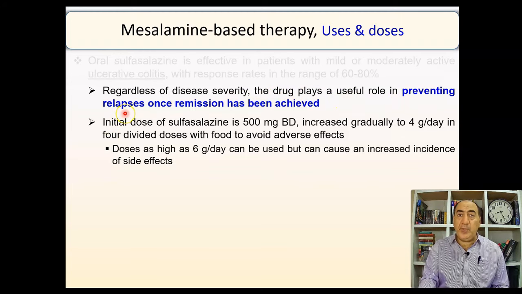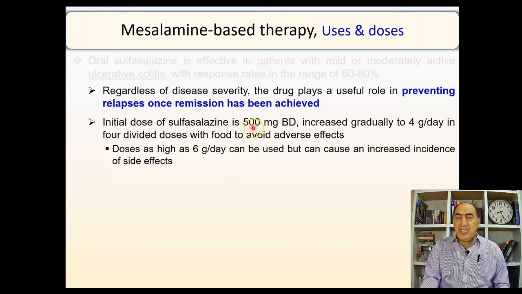Please remember this when we talk about glucocorticoids, because they have an issue with maintaining remission, but these drugs can prevent relapse once remission has been achieved. Remission is the period of relief from the disease, because this is a chronic disease. They will induce remission, so the patient will feel some relief from the inflammatory bowel disease. The mesalamine can help this relief to be maintained for a long time.